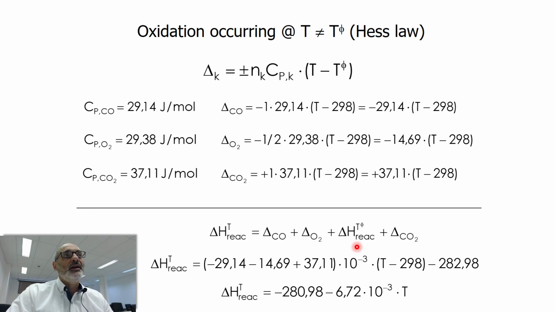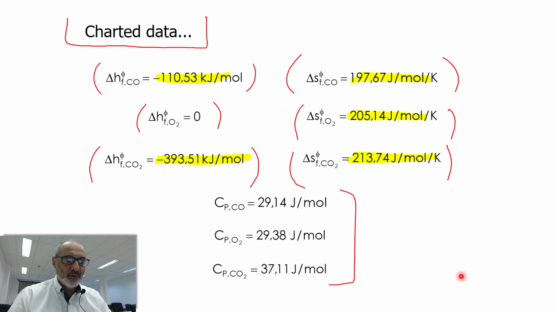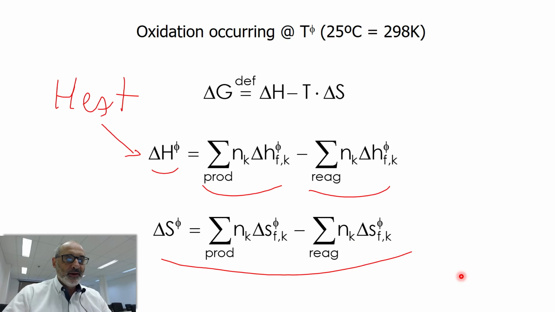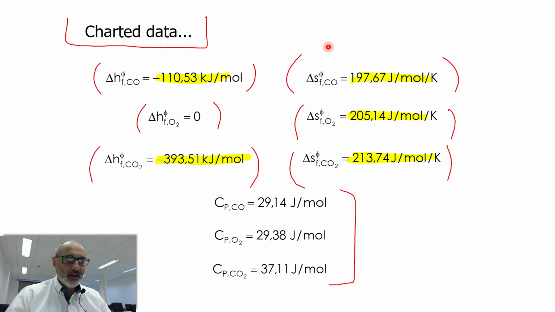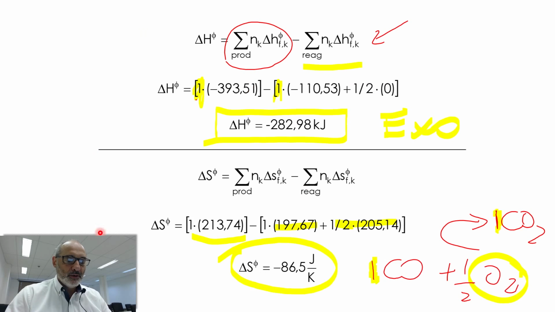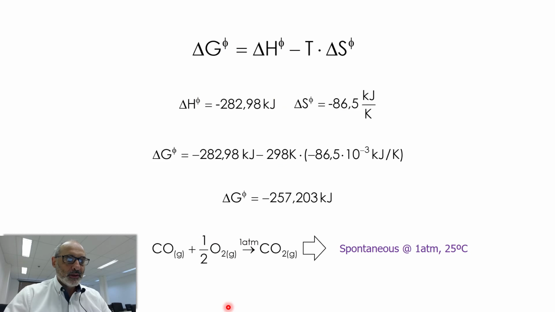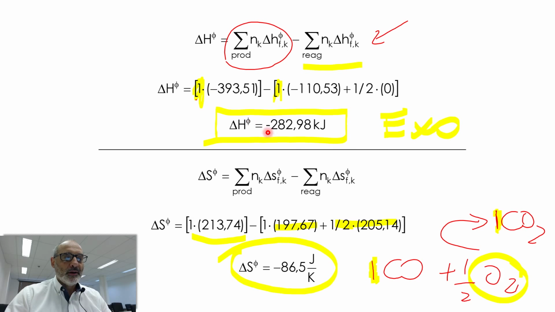This term here, the heat of reaction at the reference temperature, 25 degrees, we already know. We calculated this in our first example, so this number is minus 282.98. If you don't remember, I'm going to refresh your memory. We did this calculation, oxidation occurring at 25 degrees, and we got delta H of minus 282.98.